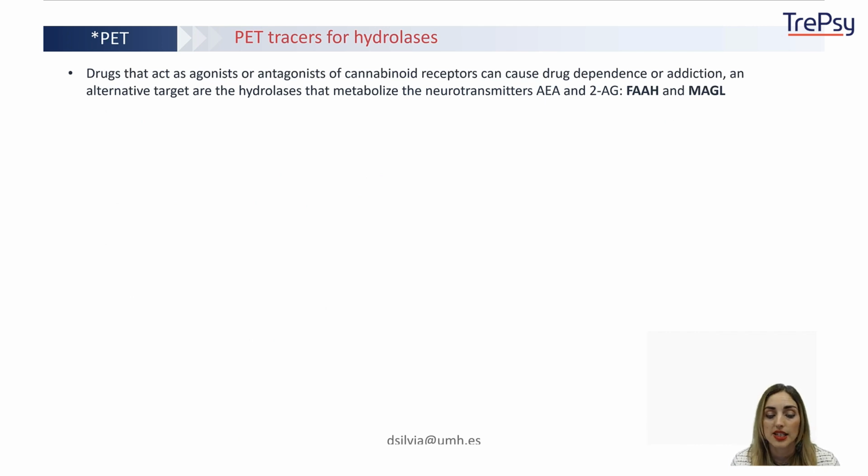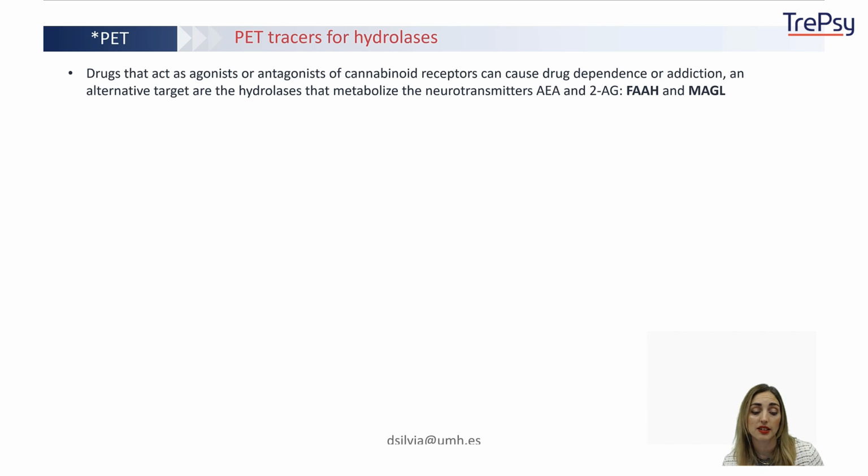Okay, so this last slide about PET tracers is looking at PET tracers for hydrolysis enzymes, especially FAAH and MAGL. This is important because it's well known that drugs that act as agonists or antagonists of cannabinoid receptors can cause dependence or addiction.